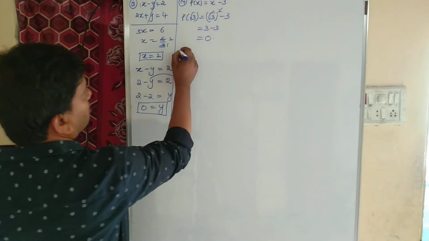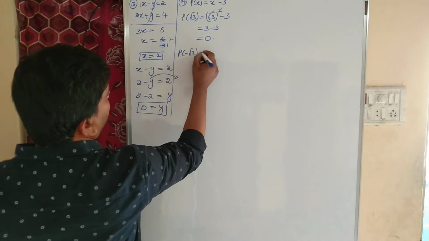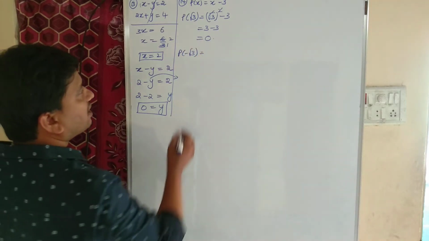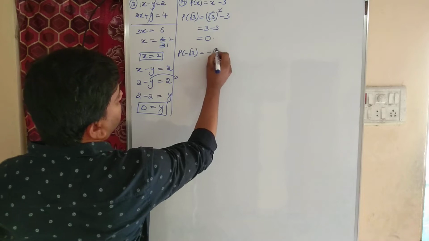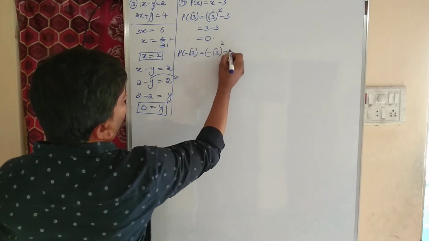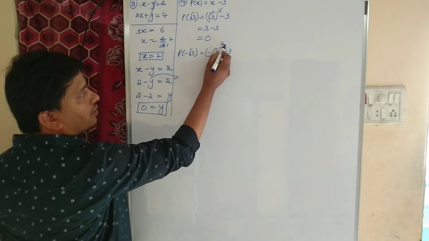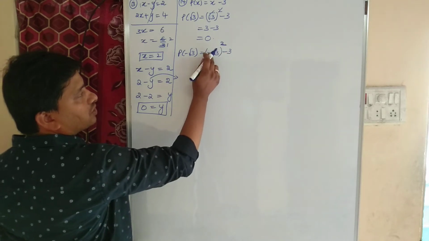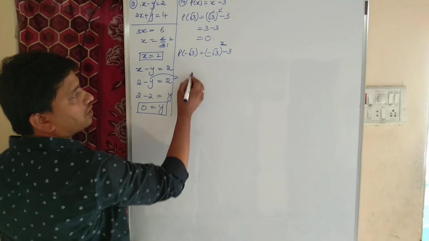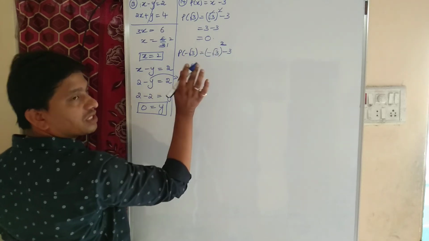The second one is p of minus root 3. In a similar manner, x is minus root 3, whole square minus 3. Children, if the power is an even number, then even if the base is negative, the result will be positive only. Minus whole square means plus only.